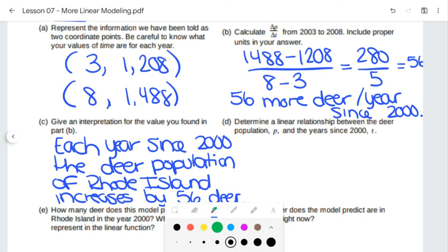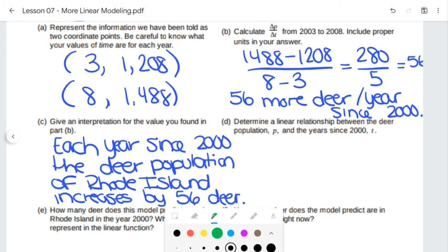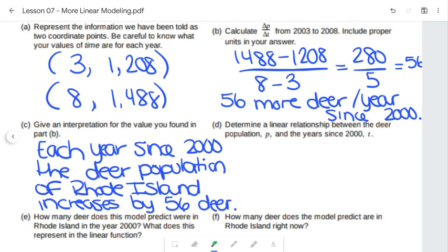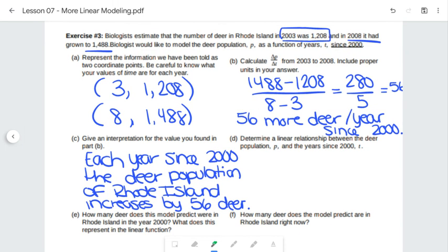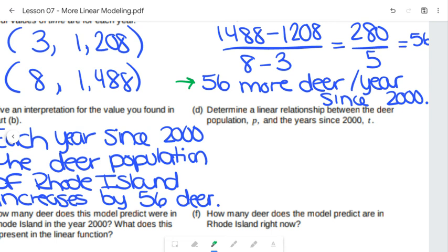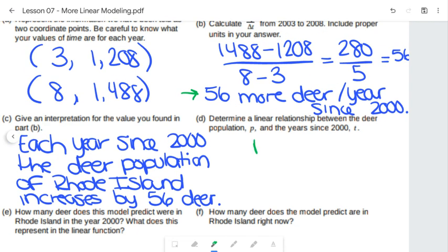Now, if I want to determine a linear relationship between the deer population and the years since 2000, T, we can, because we already figured out the slope. Right, that's what part B got us, that was our slope. Now we also want to figure out what 2000 would have been at that same rate. So right now, I know P is the output equal to 56 T, but we have to figure out what my y-intercept would be.